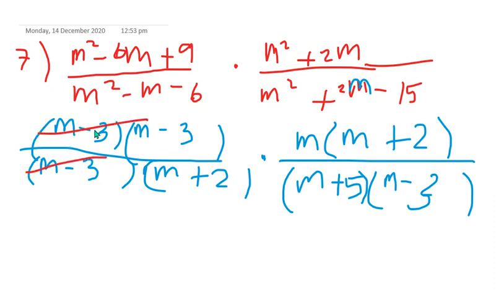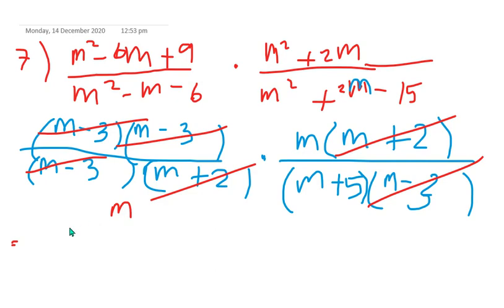So m minus 3 divided by m minus 3, m minus 3 divided by m minus 3. Then m plus 2 divided by m plus 2 is equal to 1. So therefore, the answer is m. What remains in the numerator is m, and what remains in the denominator is m plus 5.